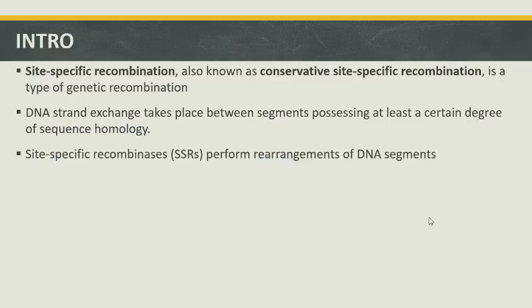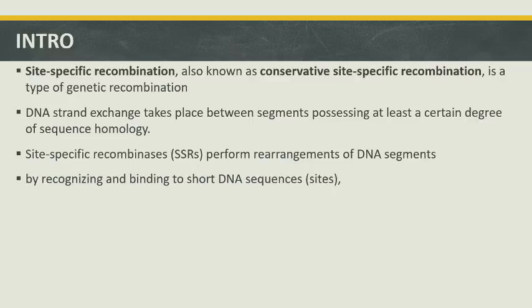It is commonly also known as SSR, site-specific recombination. The enzymes for it are known as site-specific recombinases. As the name suggests, it is not one enzyme. There are many enzymes, so they are known as site-specific recombinases.